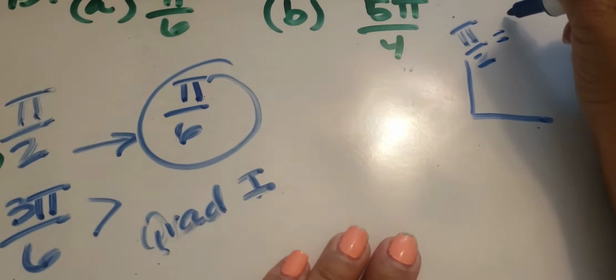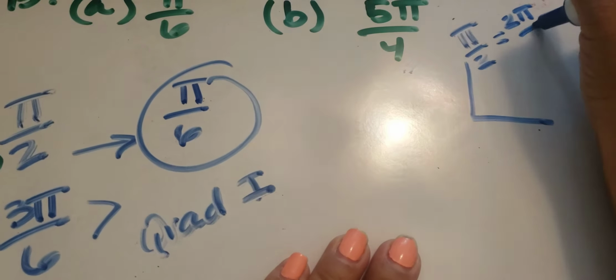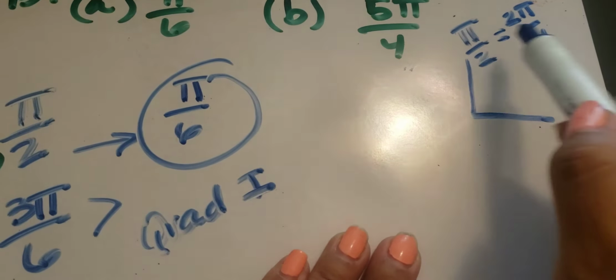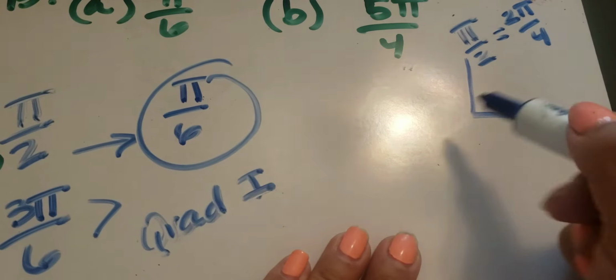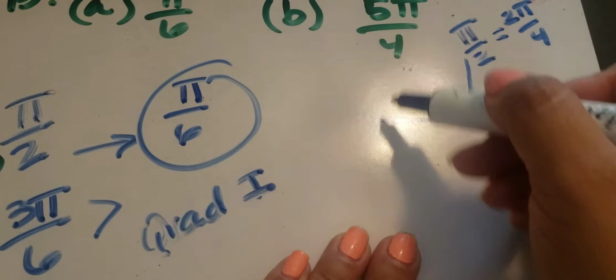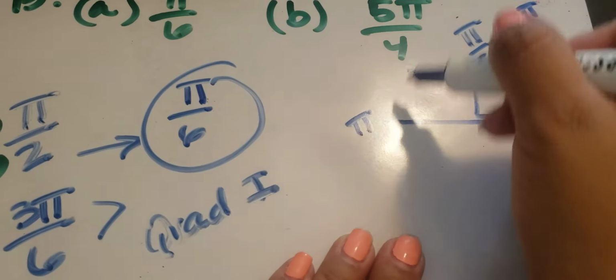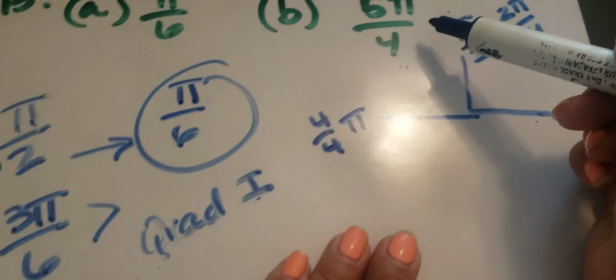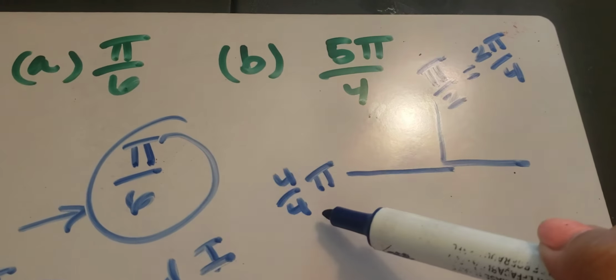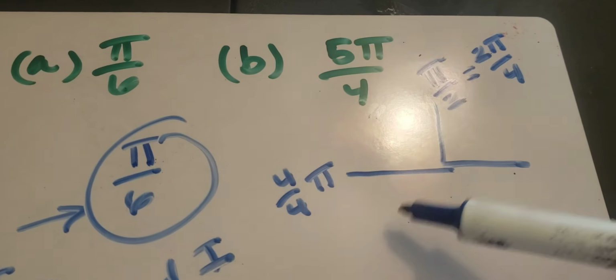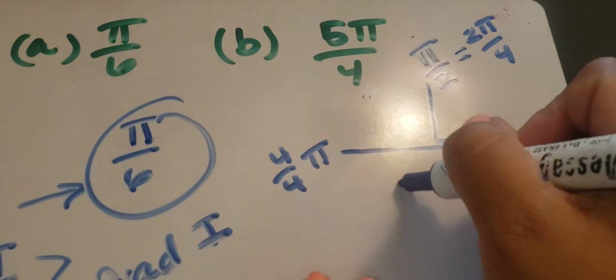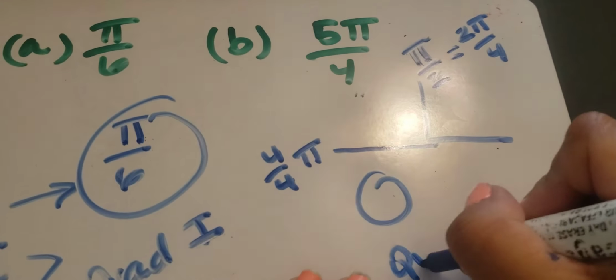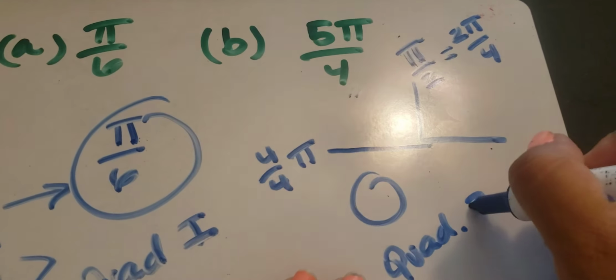This would be 2 pi over 4. Clearly, this is smaller than this. So the next one would be pi, and pi would be the same as 4 over 4. Guess what? 5 pi over 4 is still bigger than this. So that means it's going to lie in the third quadrant. So this is going to be quadrant 3.